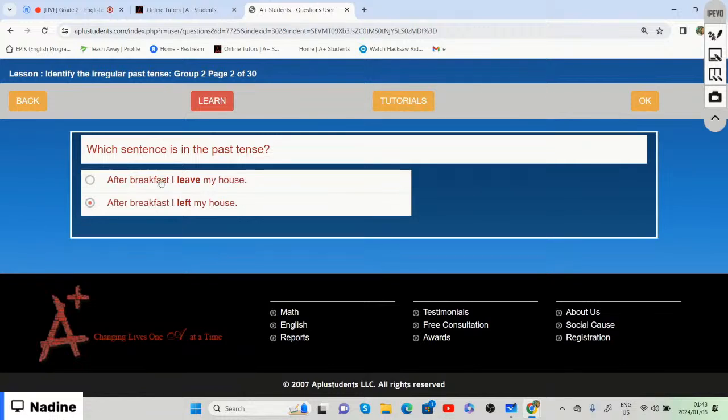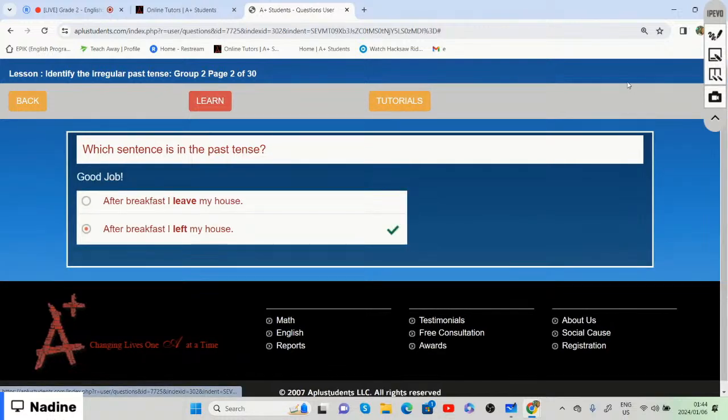Left is the correct word because leave is the present tense form.